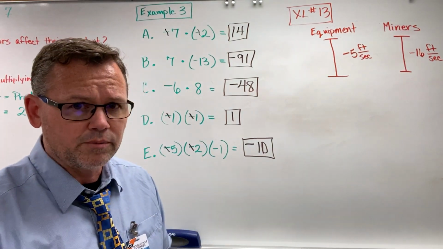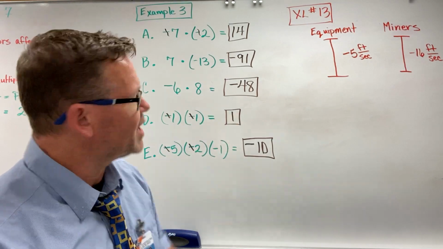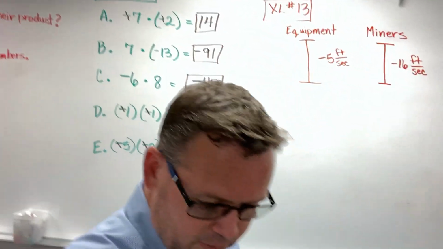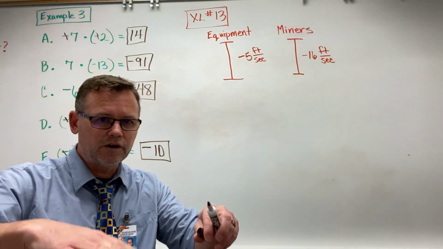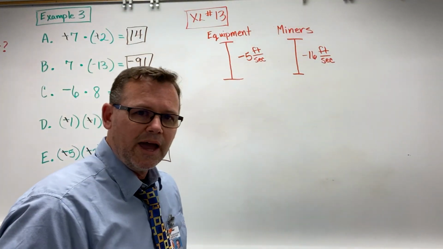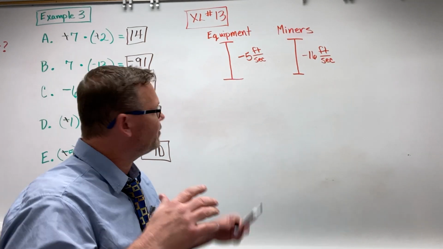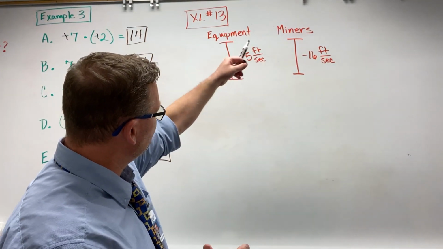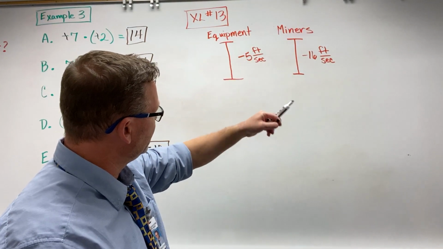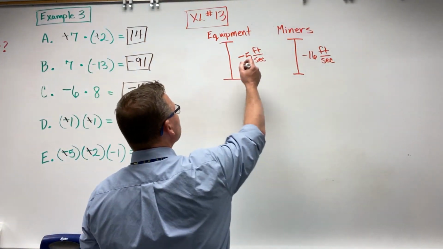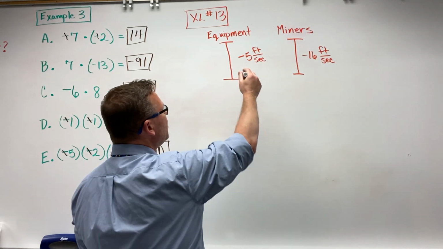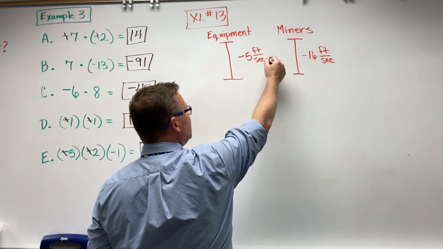Okay, one of the hardest problems I had last year with the students was Excel number 13, the miners. Okay, so we have 2 elevators here. That's our situation. And what they're doing is they have an equipment elevator and a miner elevator. The miners would go down on a separate elevator. Okay, so what you're looking at here is you have a negative 5 feet per second.